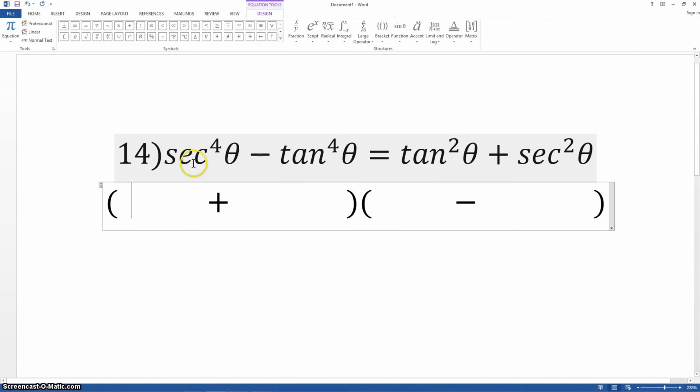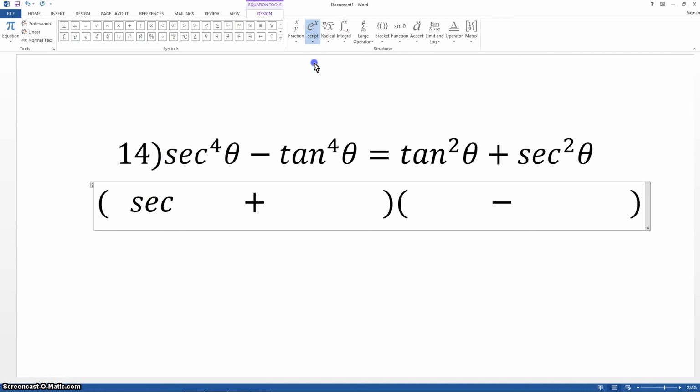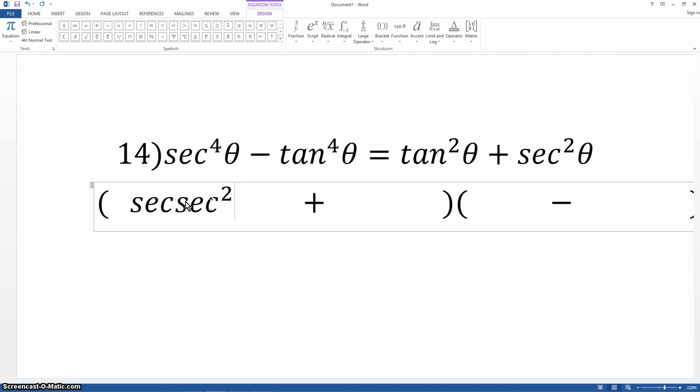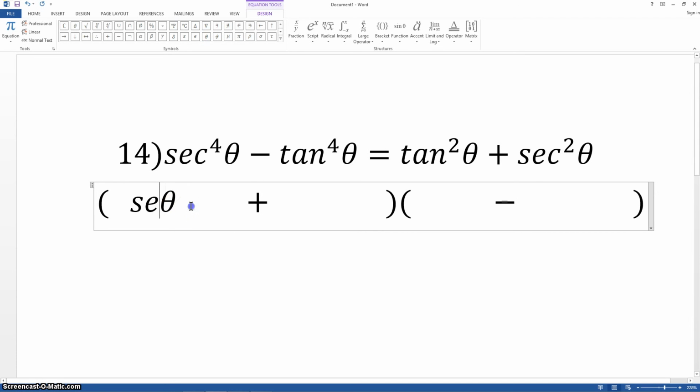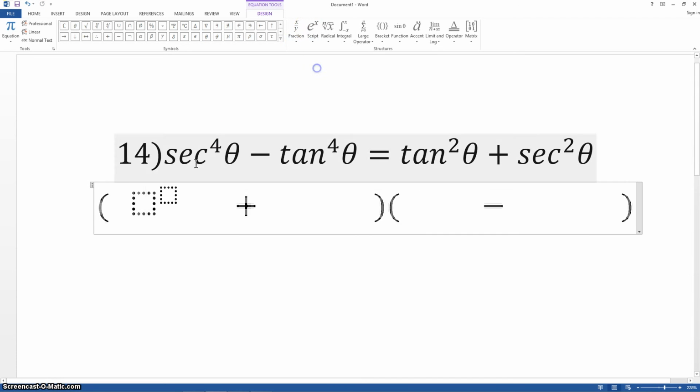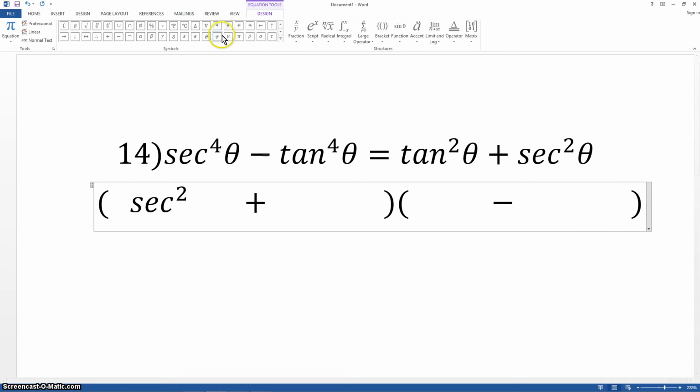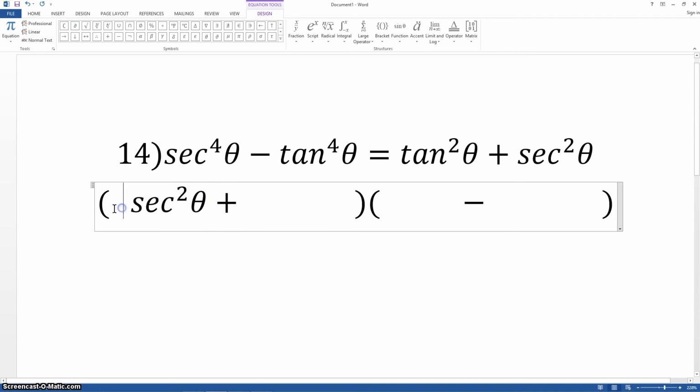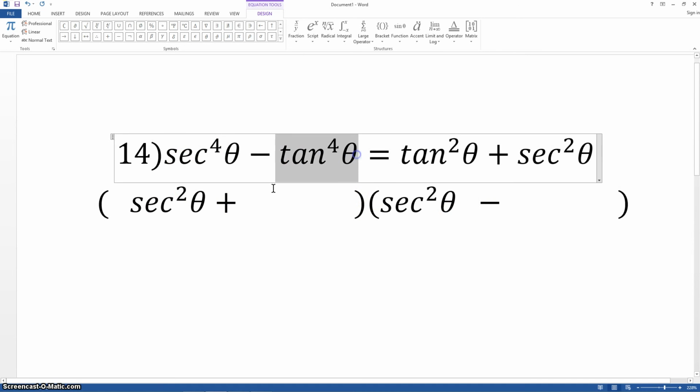All right, so when I factor it out, how can I get secant to the fourth? Well, I can get it by saying secant squared of theta times secant squared of theta. All right, well, how can I get tangent to the fourth of theta?